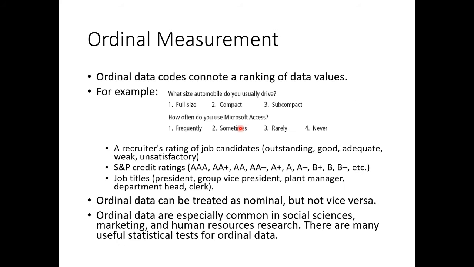But ordinal measurement is different. The distance between AAA and AA plus is not the same as the distance between B and B minus. So the distance between these two data is not the same as the distance between these two data.